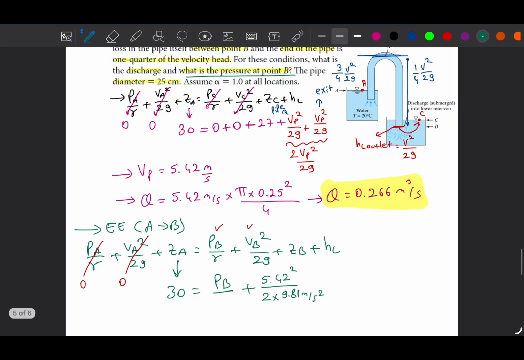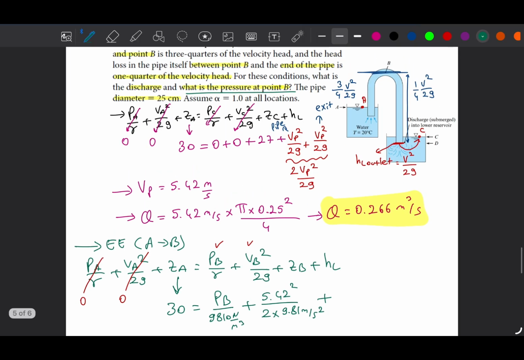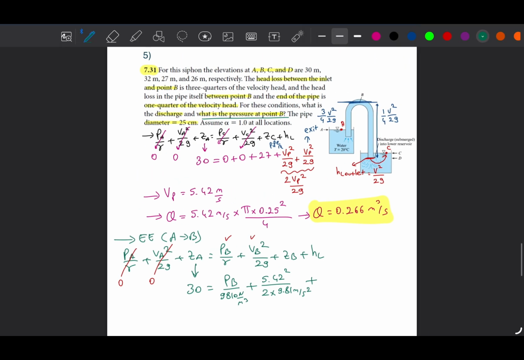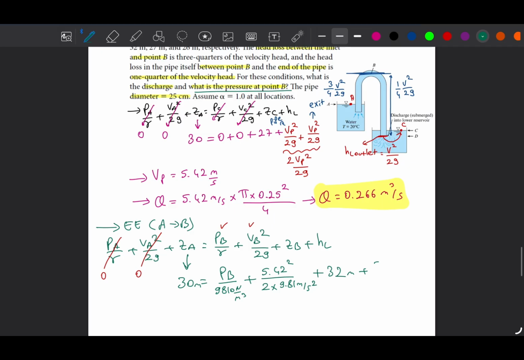And we can also write this, which is specific weight, plus the elevation of B is 32 meters, plus we have 3/4 of velocity head as the head loss. So it is 3 over 4.